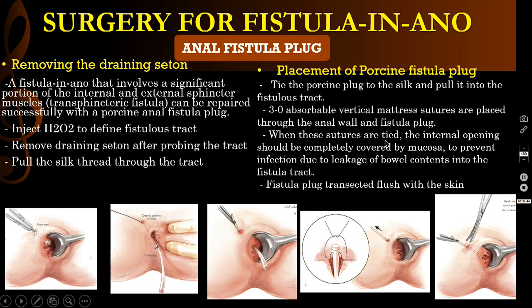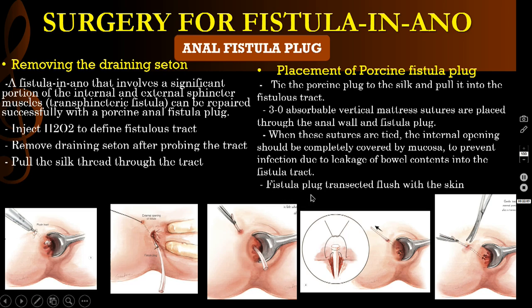When these sutures are tied, the internal opening should be completely covered by mucosa. If you put a suture like this, the internal opening will be closed by mucosa to prevent infection due to leakage of bowel contents into the fistulous tract through the internal opening.